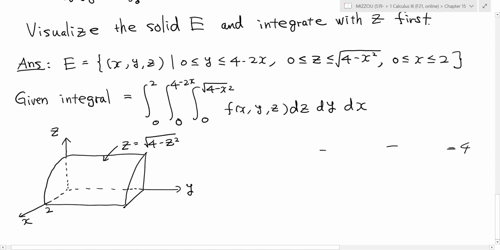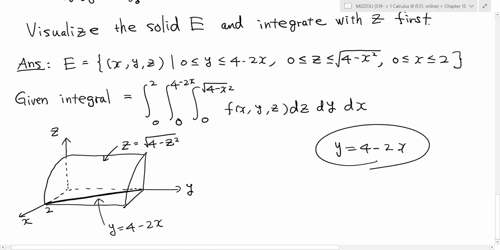What is that? Well, on the xy plane, y equals 4 minus 2x is just a line with slope negative 2 and y-intercept 4. And in fact, it goes through this point and that point. This line here is y equals 4 minus 2x on the xy plane. But in xyz space, it's a plane parallel to the z-axis.